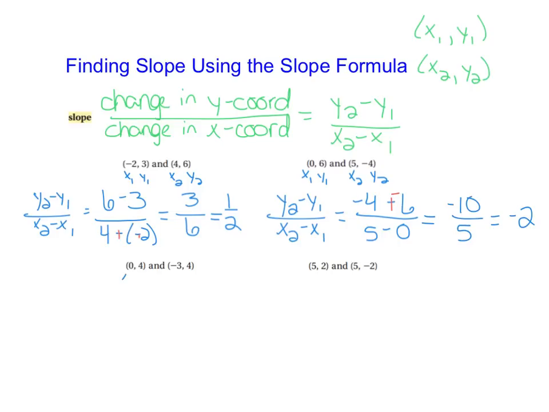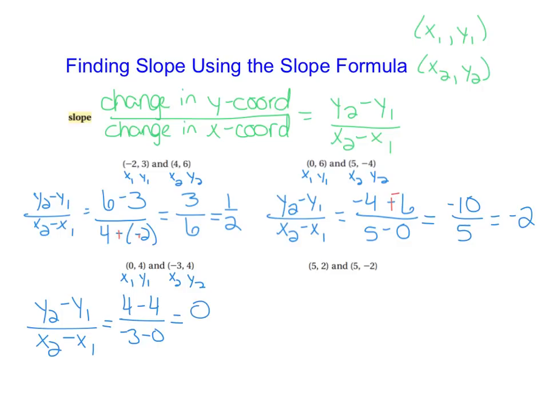Let's look at this one. Let's see if anything funny happens. X sub 1, y sub 1 over, and then x sub 2, y sub 2. Write your formula. Plug in. So what do I get? 4 minus 4 over negative 3 minus 0. What is 4 minus 4? 0 over negative 3.